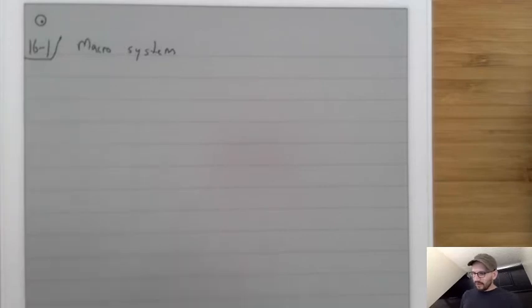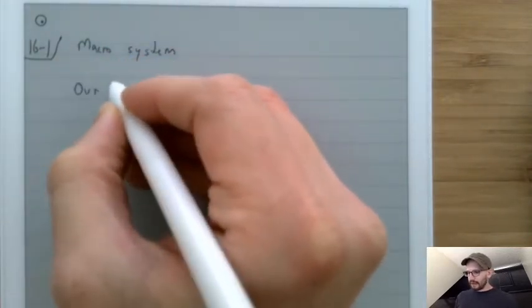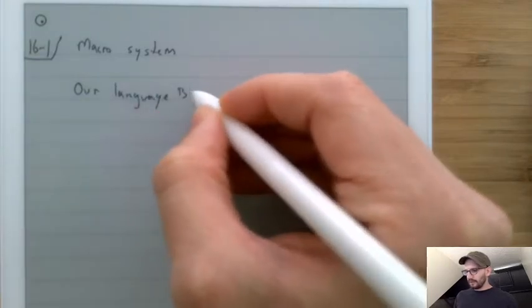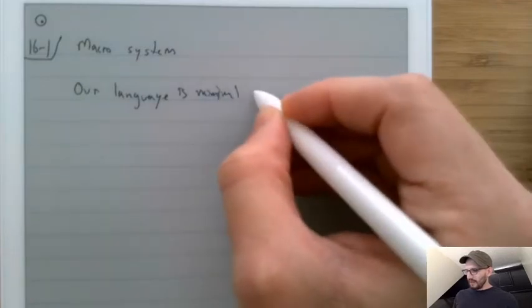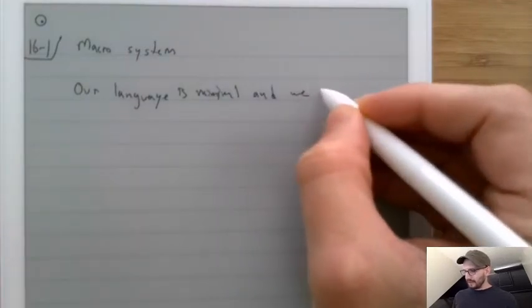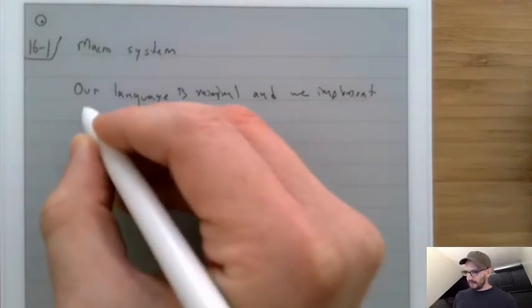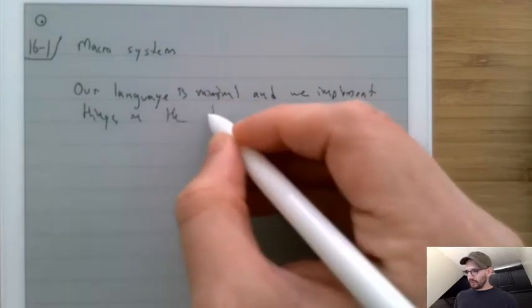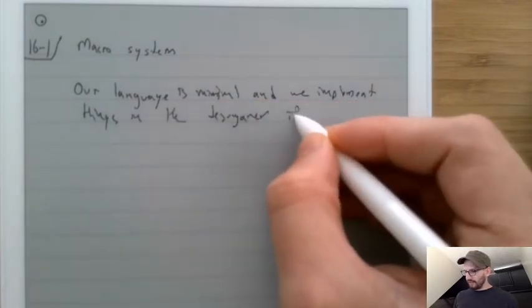So recall that one of the ideas that we've had is that our language is minimal, and we implement things in the desugarer if possible.